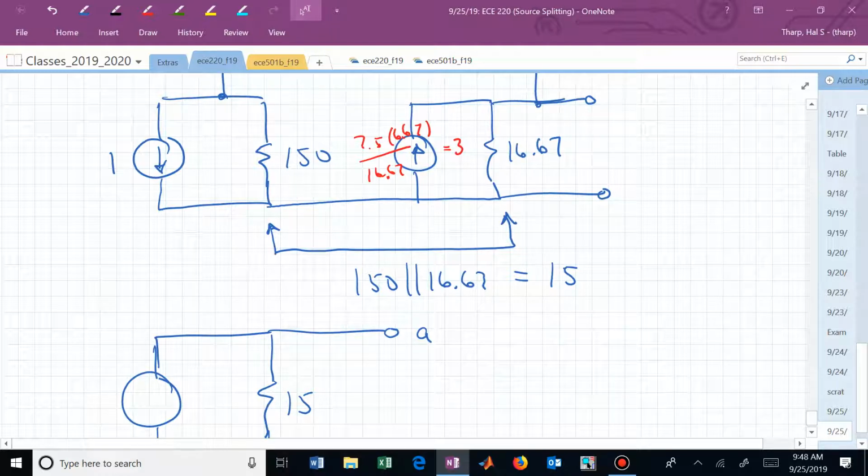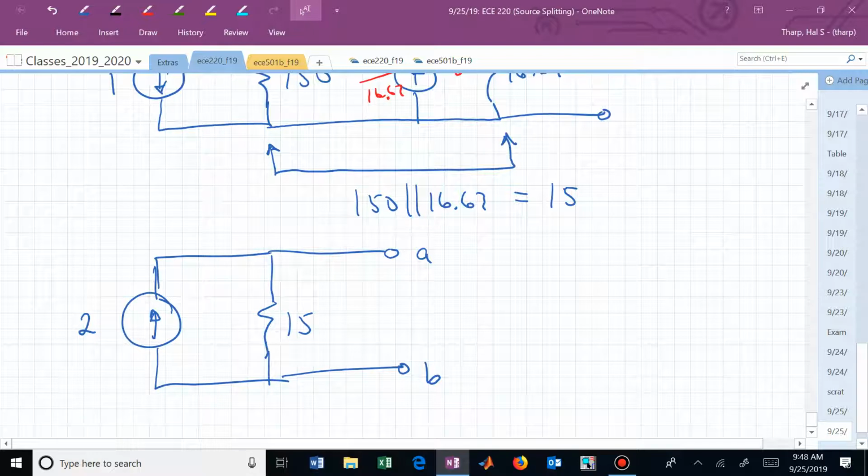I algebraically combine 1 and 3. Which one's going where? 3 is bigger than 1, and 3 was going up. I have that, do I not? Can I now convert that into a Thevenin?